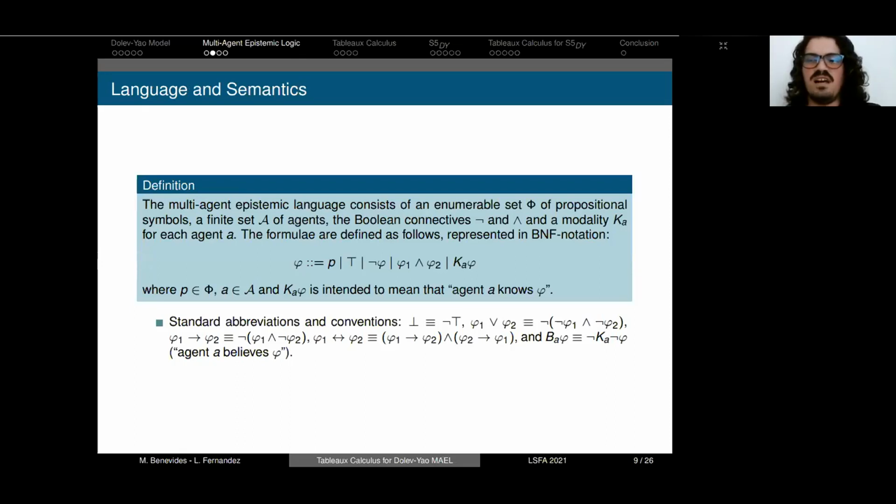In the language, we have the propositional symbols, the set of agents, the Boolean connectives, and the operator for knowledge, KA, for each agent A. So KAφ means that A knows φ.